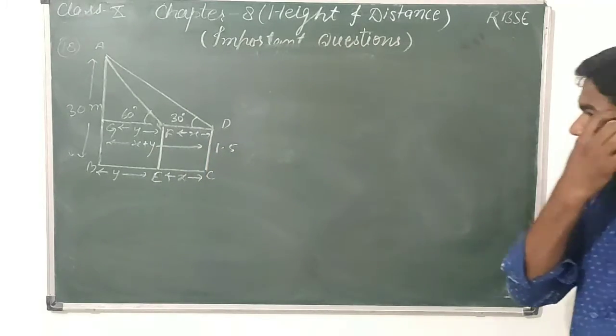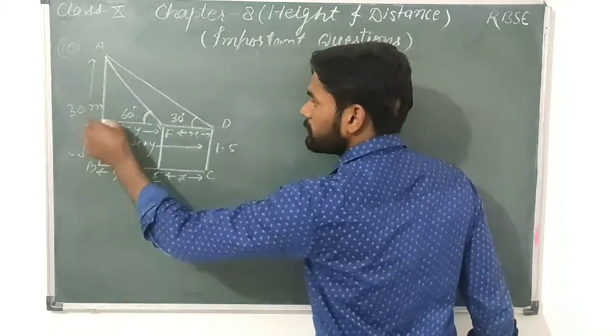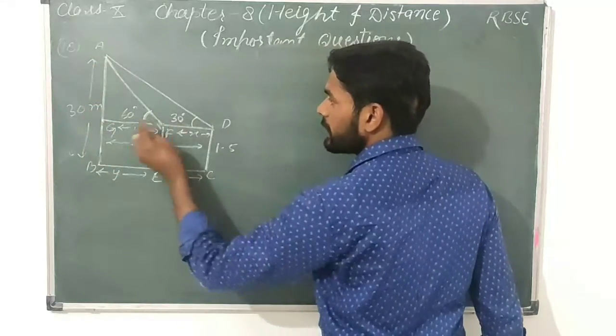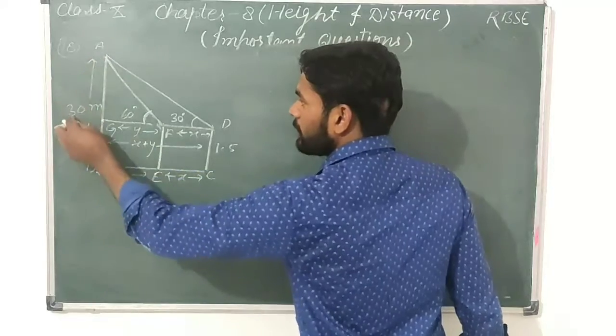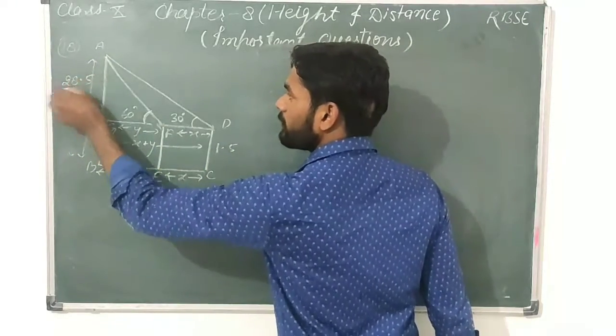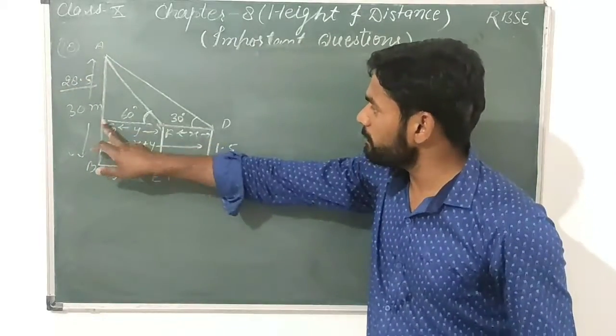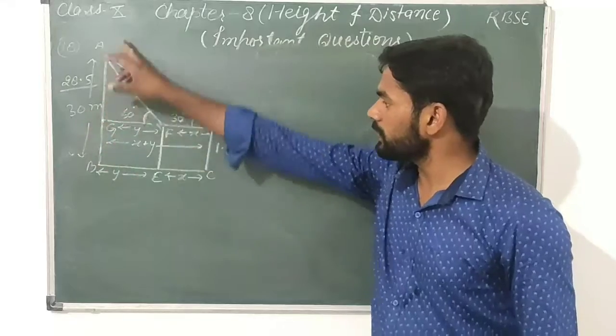Now pay attention. The angle is formed here, so we will use this one triangle and this one triangle. This length we can calculate: 30 minus 1.5, that is 28.5. In your notebook you will calculate everything. AG plus GB is equal to AB.